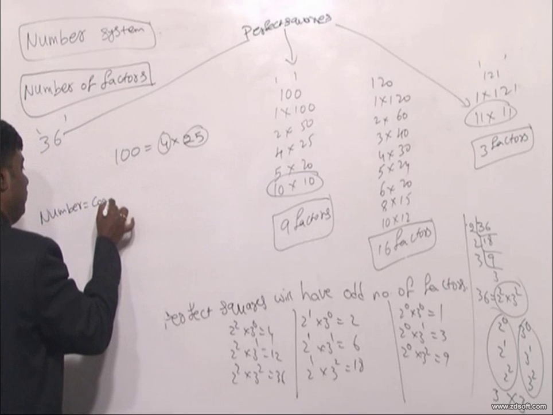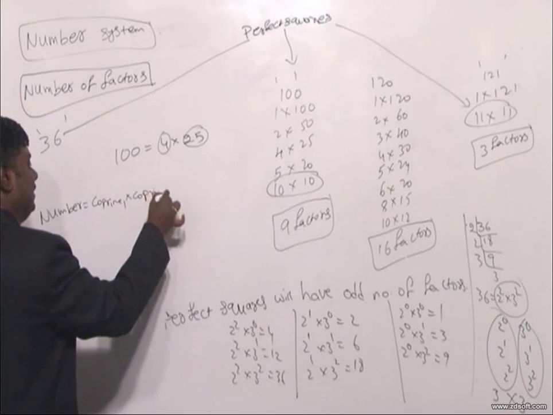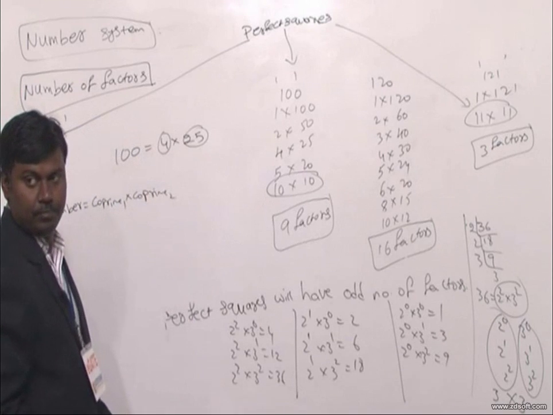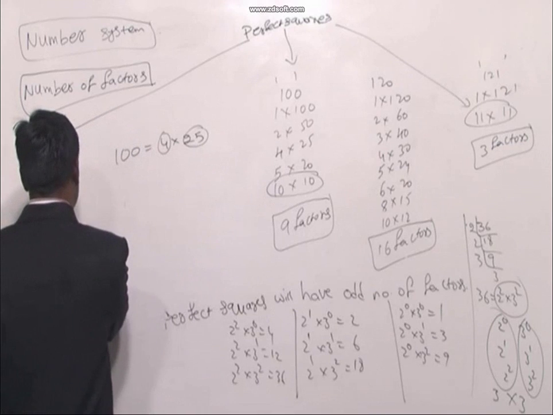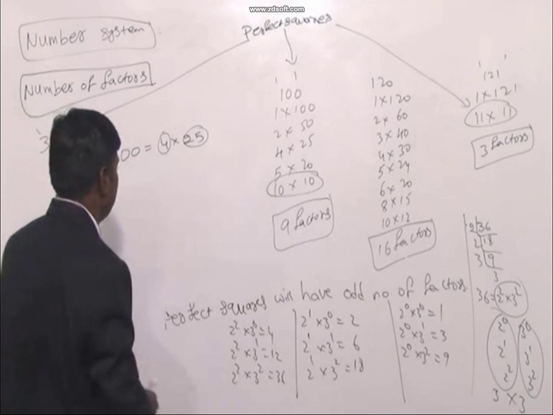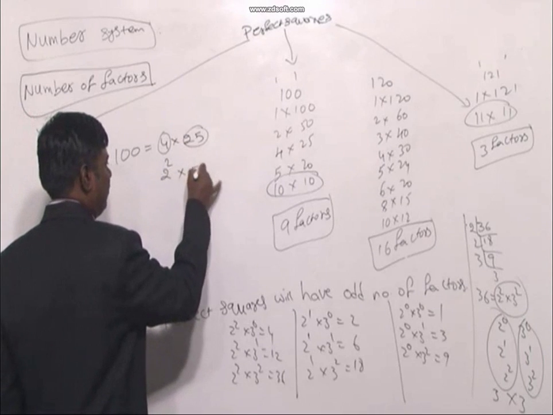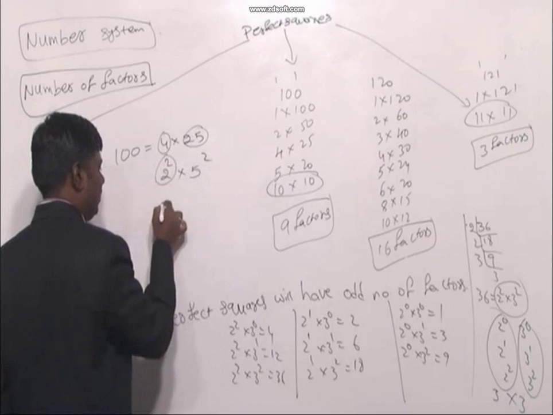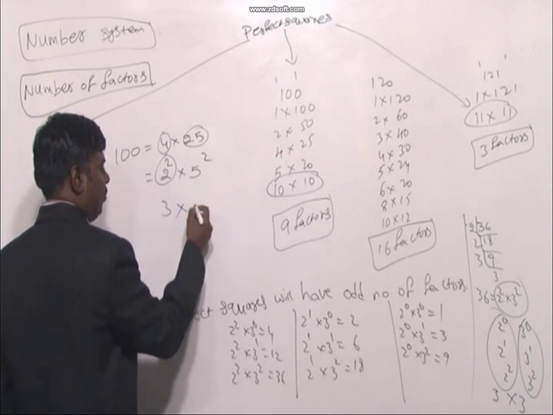Co-prime 1 into co-prime 2, which will be very easy for you to factorize. So 4 is 2 power 2, 25 is 5 power 2. So 2 power 2 has how many factors? 3 factors. 5 power 2 has how many factors? 3 factors.